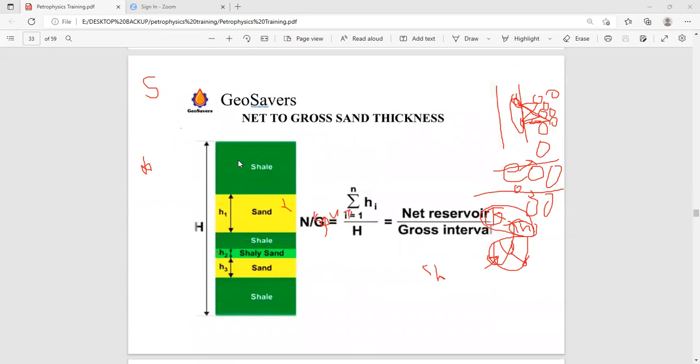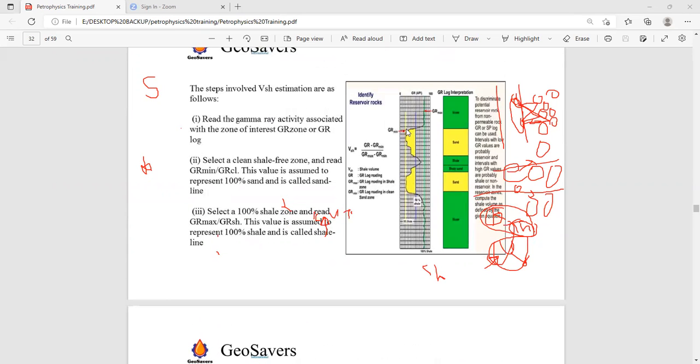All right, so another aspect now is the net to gross. What will generally happen is we may have this situation. You have identified this particular zone as your reservoir zone, but you may realize that in the field, it might not just be clean in this manner.